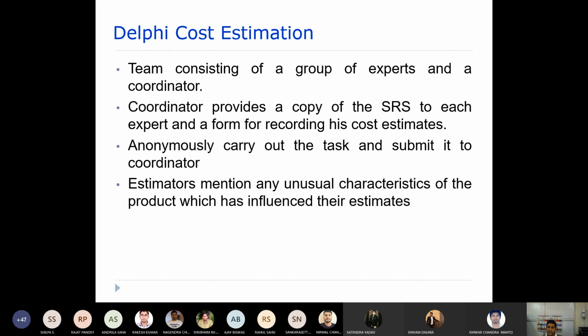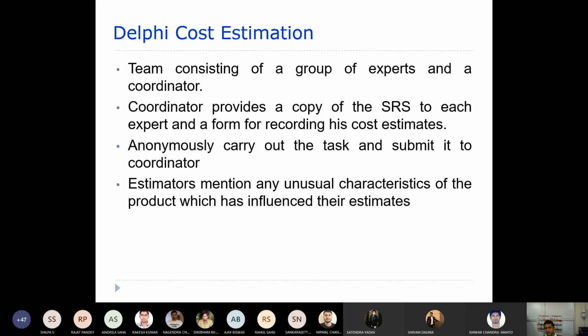So the form and the SRS will be distributed by the coordinator to all the experts, right? They anonymously carry out the task and submit it to the coordinator. Now they will carry out their estimates, maybe giving it in an envelope with some seal, and submit it to the coordinator.